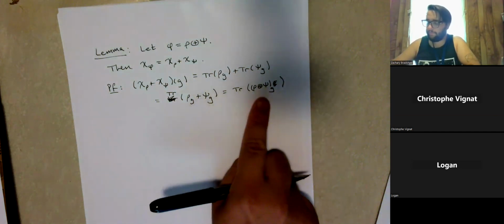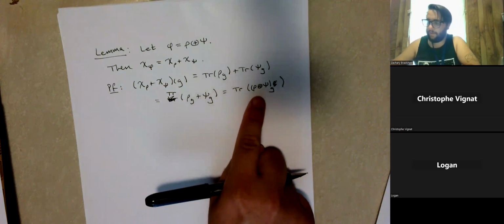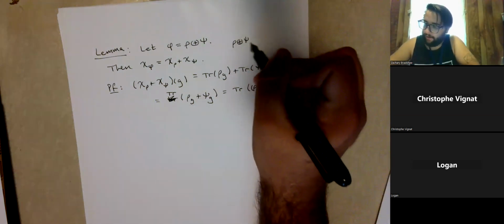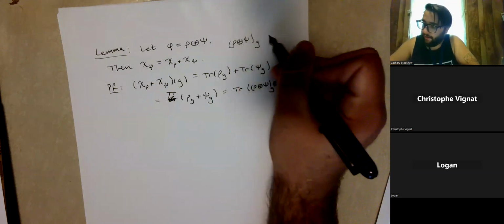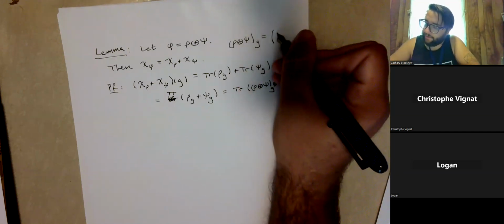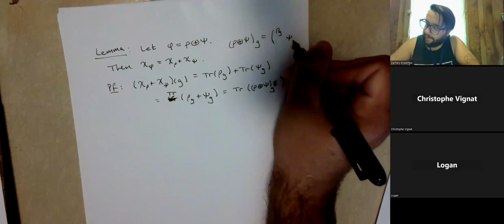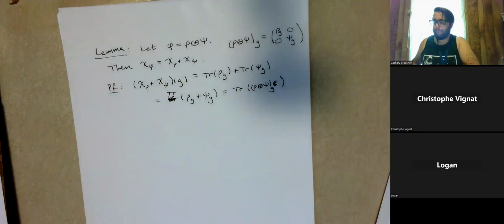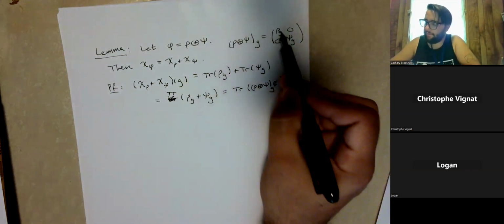The easy way to see this is the matrix picture. Remember, rho plus psi of g as a matrix is just rho g and psi g down the diagonal. So the trace is just the sum of these traces.